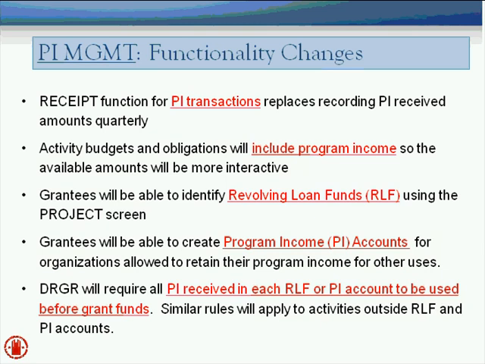So the main impact of this is going to be that DRGR is going to require program income received in each RLF and in each program income account to be used before grant funds. The same rule is going to apply to anything outside of a revolving loan fund or program income account, and the term you'll see in DRGR is called the general account. So general account just means it's not been assigned to a revolving loan fund, an activity, and it's not been assigned to a program income account.